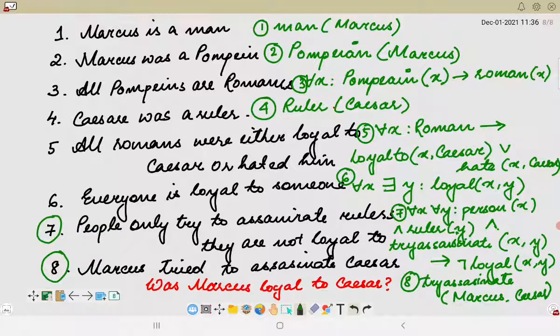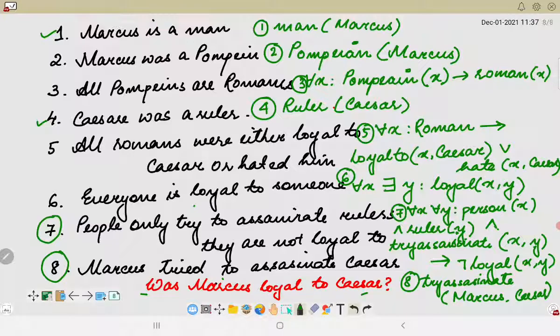However, we can also consider point number 1, that Marcus is a man, and point number 4, which is Caesar was a ruler. So these 4 points we can consider in order to solve this question. The other points, whether Marcus is a Pompeian, all Pompeians are Romans, all Romans are either loyal to Caesar or hated him, and everyone is loyal to someone, are not needed to solve this question.